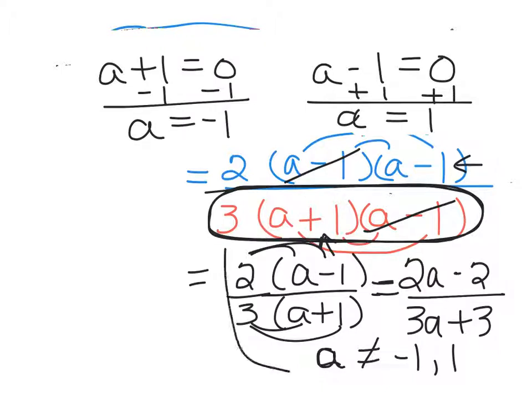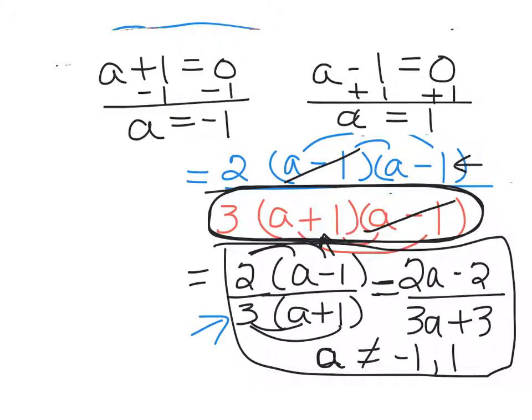So here is my answer. Remember, you could have written this first term like this or like this, but everybody needs to have these two guys. So there you have it.